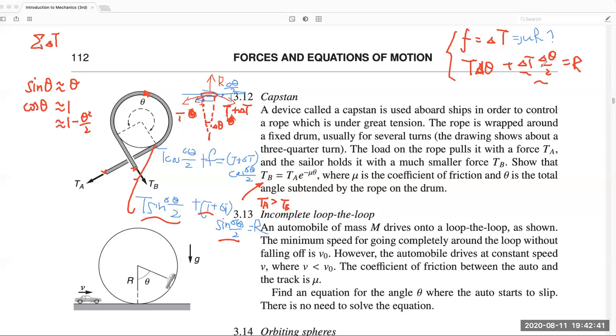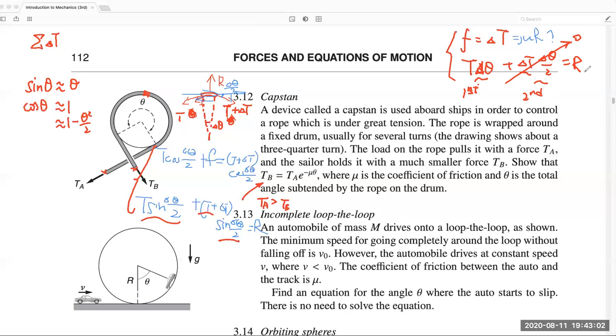If they are multiplied together, this is a small term, which we call a first order small term. This is a second order small term. Then we can ignore this one and put it to be zero.